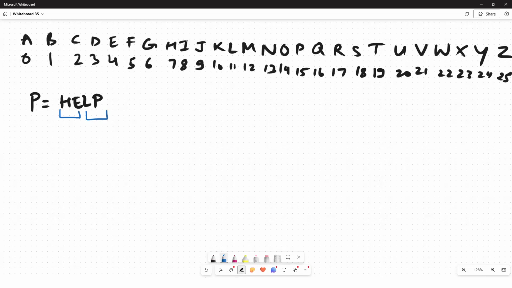So the very first thing is that let us imagine the key that you have is DDCF, which means you will arrange this in the form of a 2 cross 2 matrix because you are processing 2 characters together. So here D corresponds to 3, another D corresponds to 3, C corresponds to 2, and F corresponds to 5.